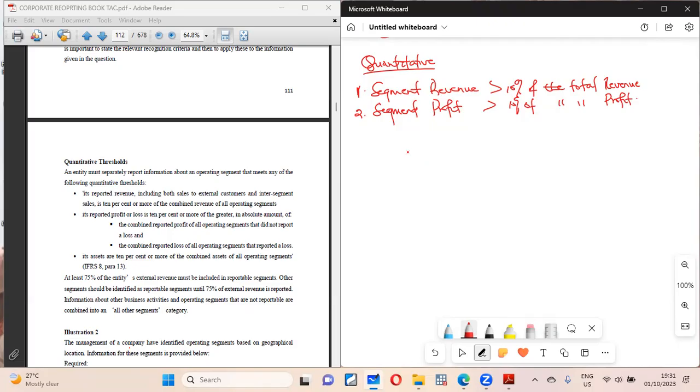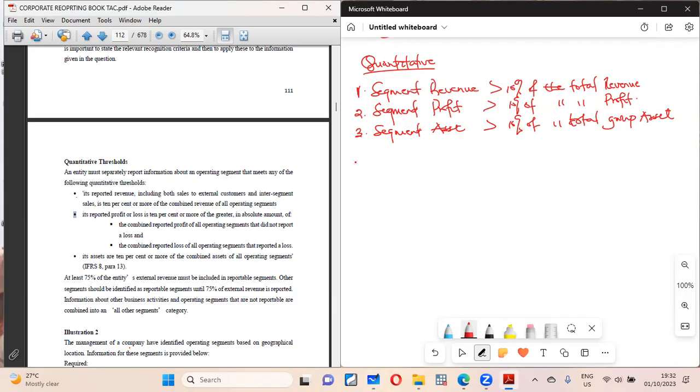All right. Step 3, if that segment's assets are also greater than 10% of the total group assets, that one too is a way you identify operating segments. And so that is what you see here.